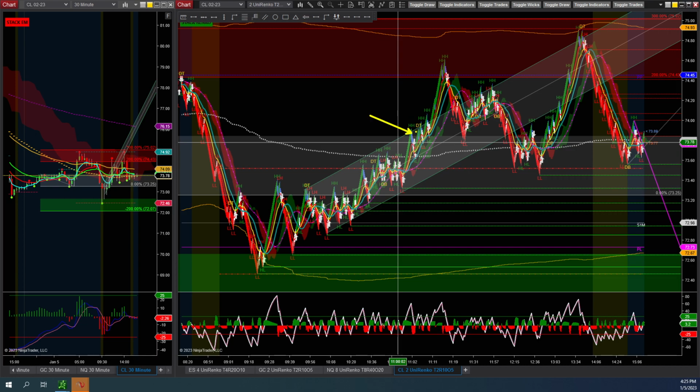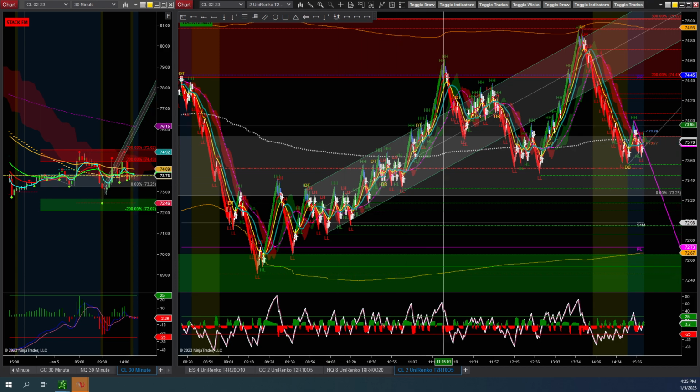You're leaving the congestion area, and there's one move there, and the opening of the market moved to the downside right here. There were a couple of trades that you could have done. Again, I was not looking at the computer because I was in a doctor's appointment.